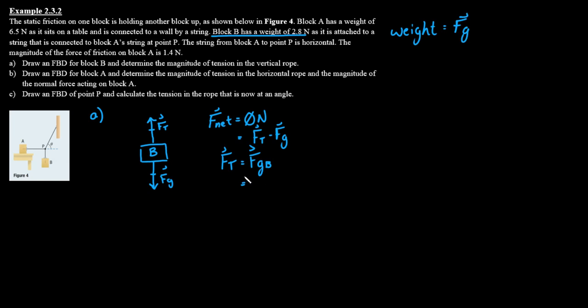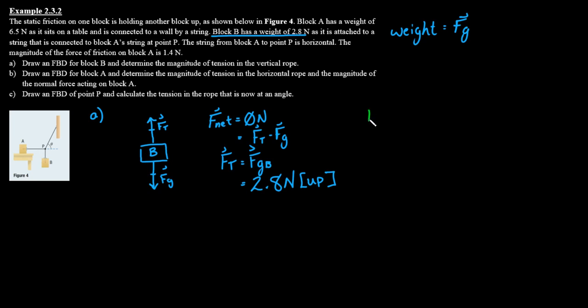So the force of tension in the rope is going to be 2.8 newtons acting up on the block. And that's it for part A. You can see just by drawing the free body diagram that once we have the weight of block B, the force of tension acting on B is going to be equal to that force of gravity.